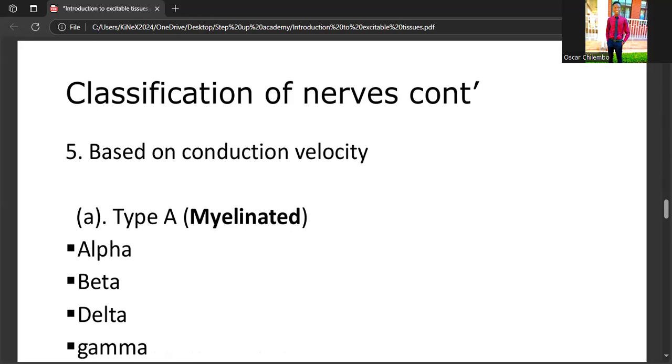We have type A, which are myelinated. Under type A, we have alpha, beta, gamma, and delta. These type A fibers are usually larger and myelinated, so they transmit nerve impulses at a faster rate than any other type.